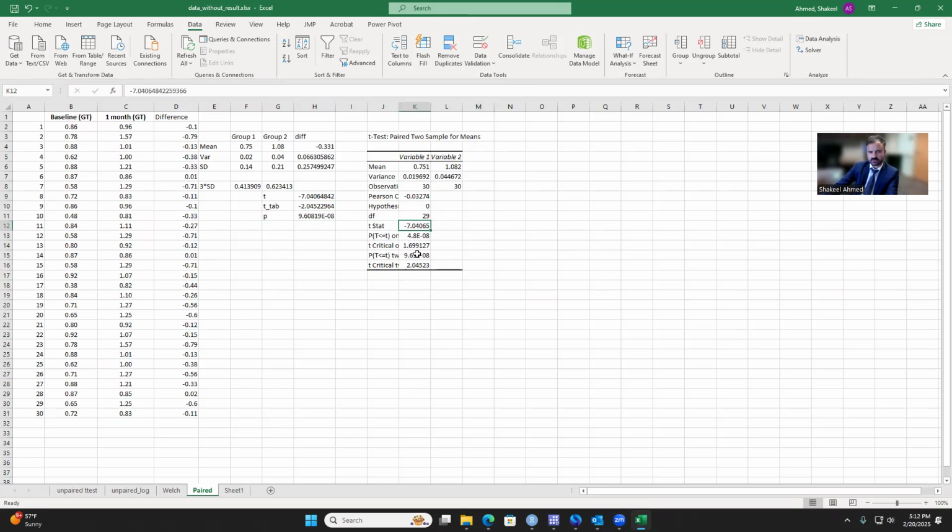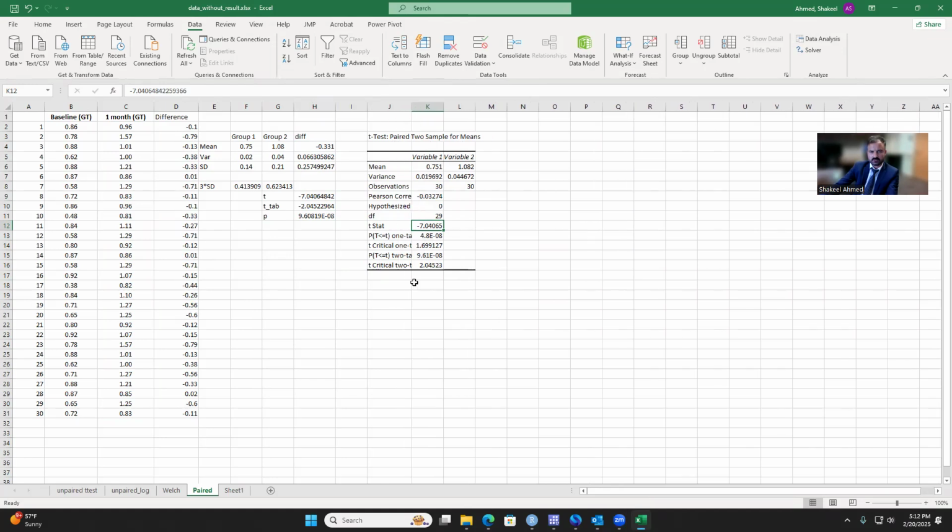So this is the result we got through the direct formula, and you can see we have the same results, minus 7.046, and the critical value is this, and the p-value is 9.000, and after 7 digits you will get 96.